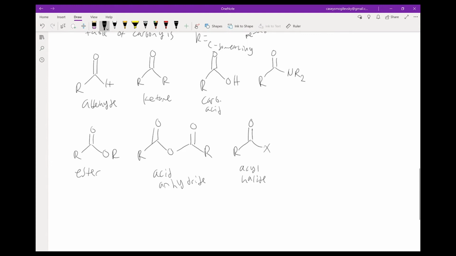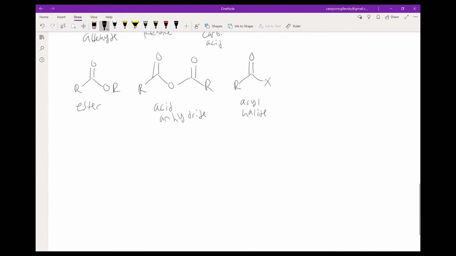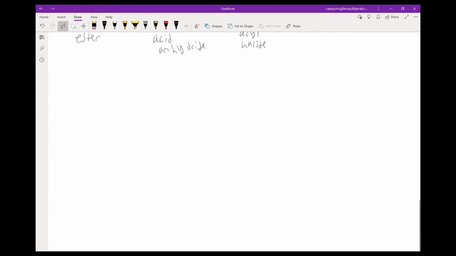Well, as it turns out, if we were to put them on a scale, and I'm going to make two separate scales, and you'll see why in a second, separate scales of the reactivity of these things. Chart.